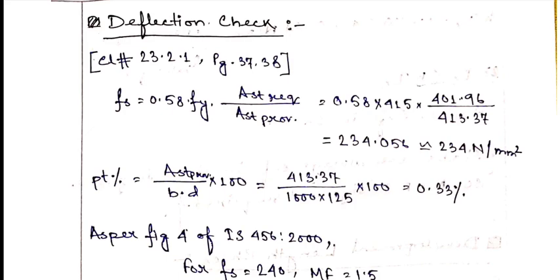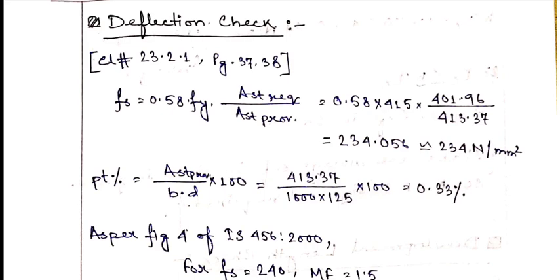So that is equals to 234.056, or this is equals to 234 Newton per millimeter square. Now percentage of steel is AST provided by cross sectional area, that is B into D into 100. So that is equals to 0.33%.